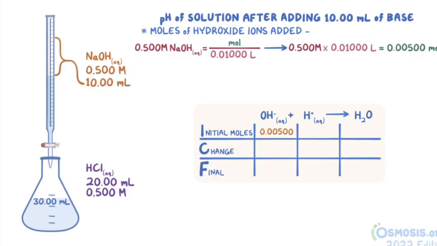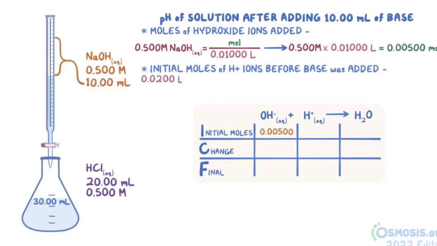Next, we need to find the initial moles of H+ ions before any base was added. Since we had 20.00 milliliters, or 0.0200 liters, of a 0.500 molar solution of hydrochloric acid, 0.500 is equal to the number of moles over 0.0200.